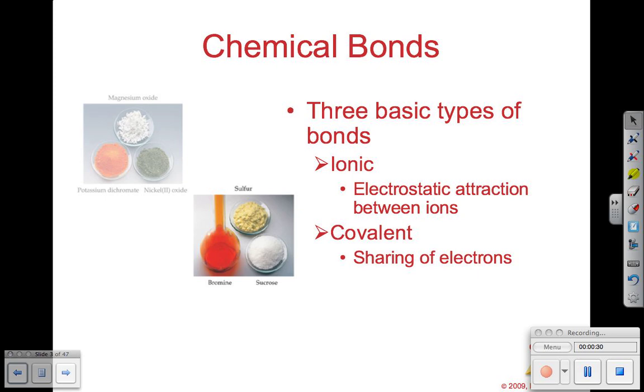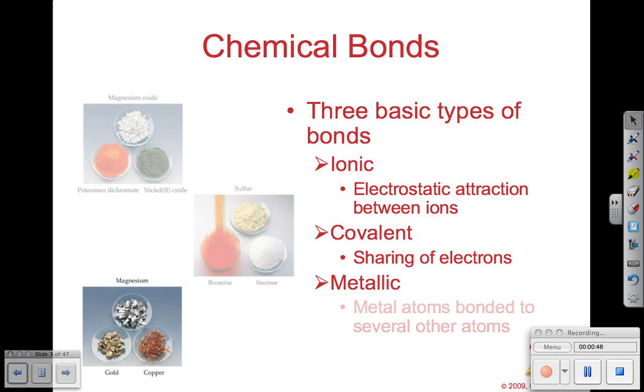And then covalent bonding, which is elements that, rather than one losing an electron and another gaining, share the electrons. Some evenly share the electrons, and sometimes there is an uneven sharing. And then we'll look at metallic bonding and the relationship that metal atoms have with one another in a solid.